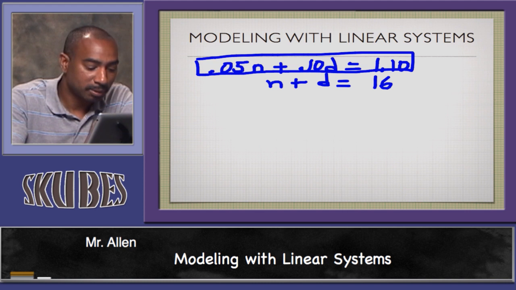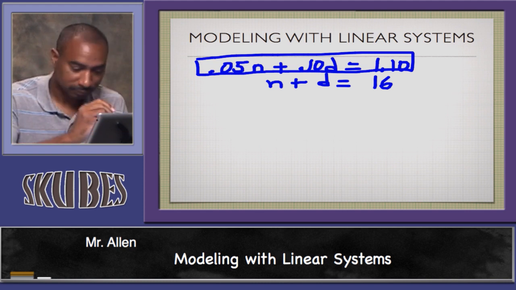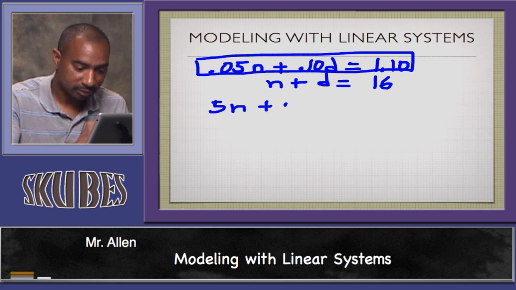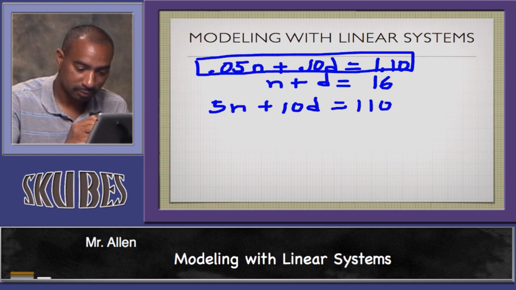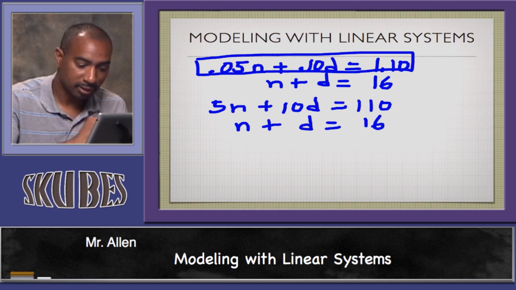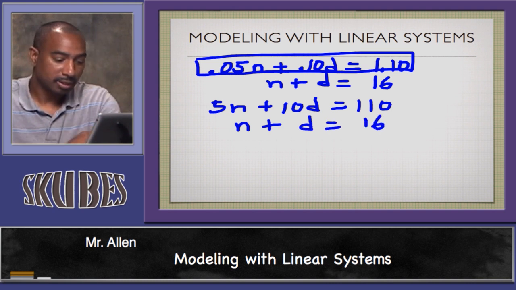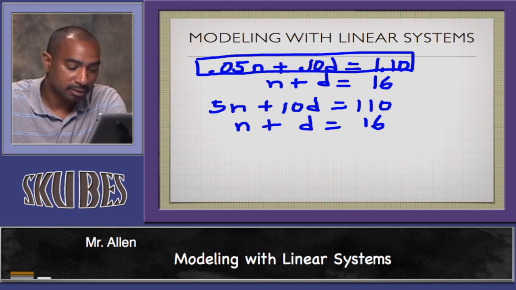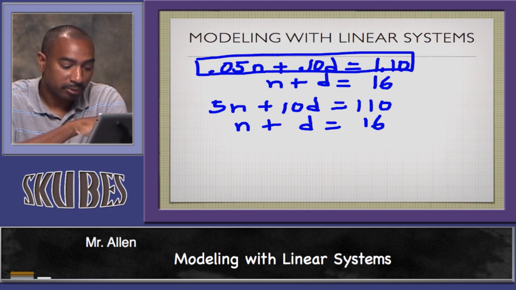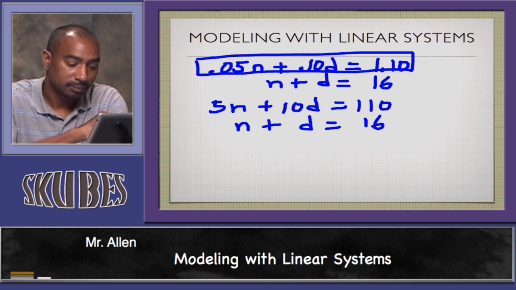So let's do that. If I multiply by 10, I get 5n plus 10d equals 110. And the bottom equation stays the same. And what you can do is set this up to use elimination. You can multiply the bottom equation by -5 and eliminate the n variable.